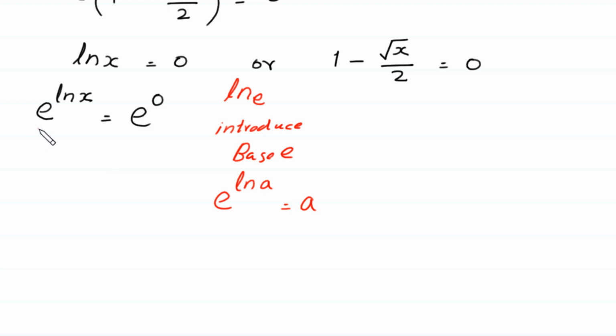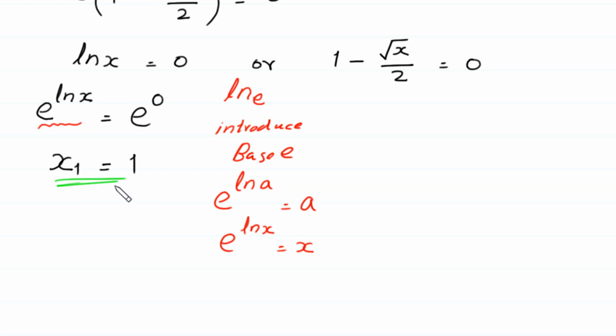So this e to the power ln of x is equal to x. So at the left side left, x is equal to e to the power 0, which is 1. This is the first value of x.